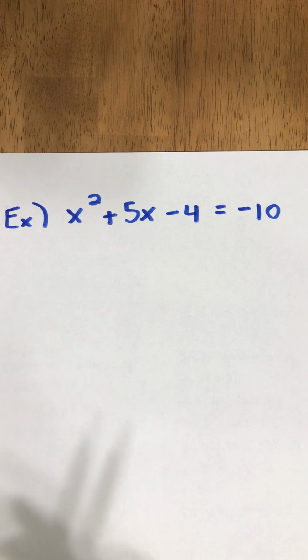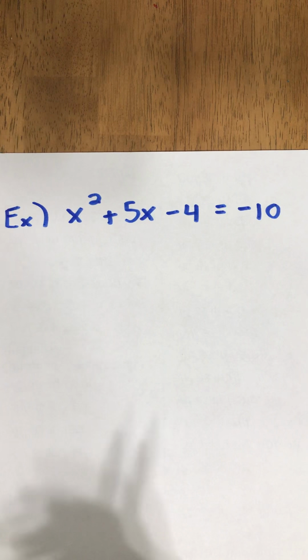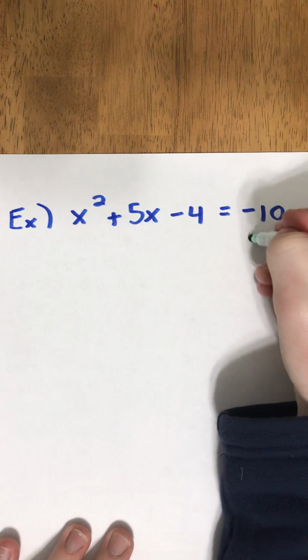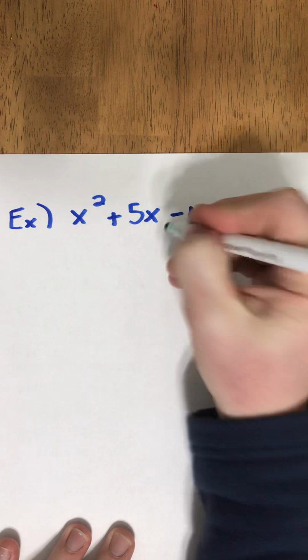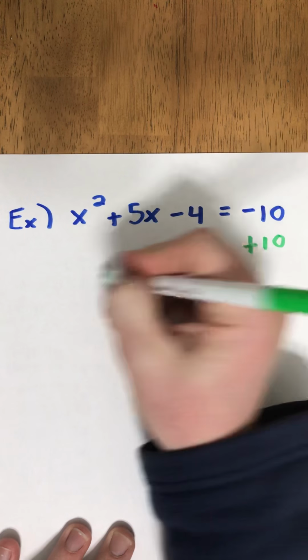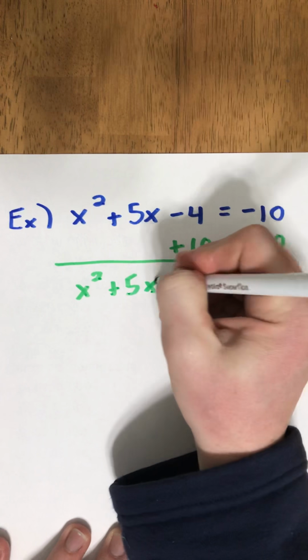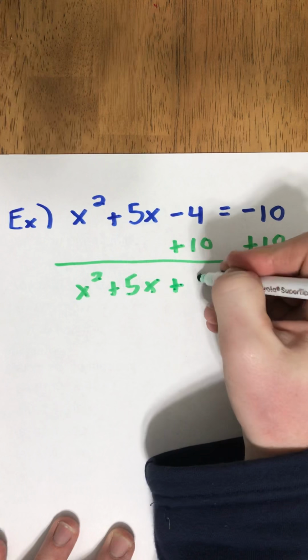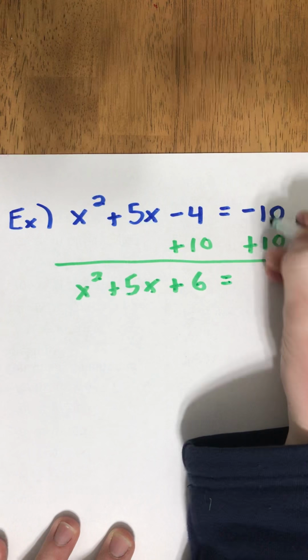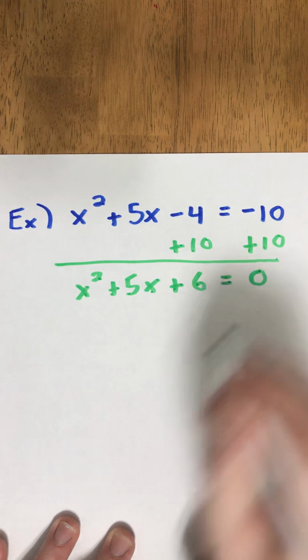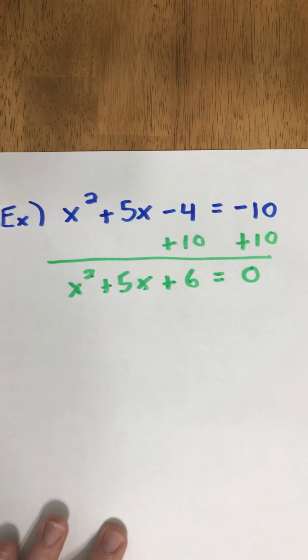So we're going to move this negative 10 to the other side. We're just going to add 10 to both sides. So that'll make this x squared plus 5x, negative 4 plus 10 is positive 6, and now negative 10 plus 10 is 0. Now I've set it to 0.